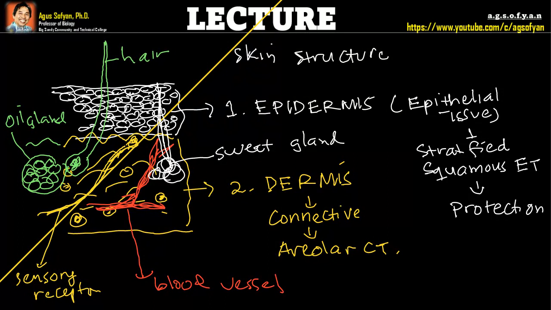Okay, so this is the structure of dermis, which is more complex compared to the epidermis. So again, there are two main layers of the skin, the epidermis and the dermis. Now we're gonna look at the epidermis layer.